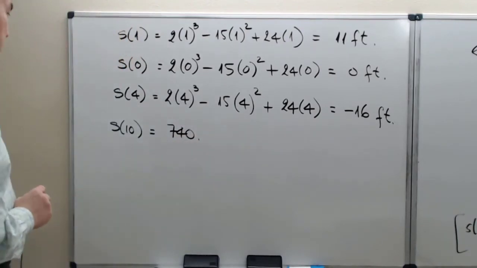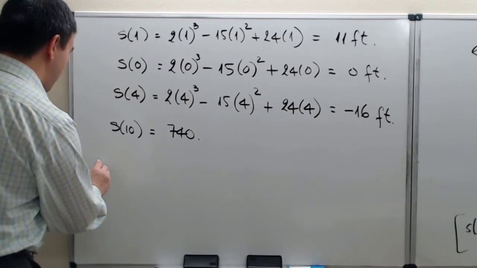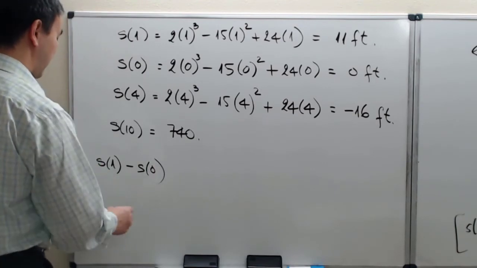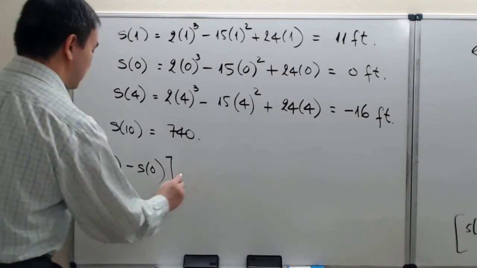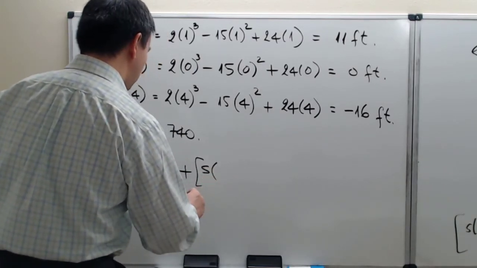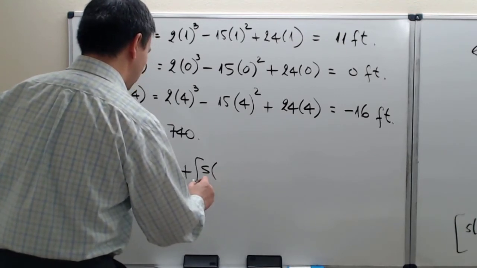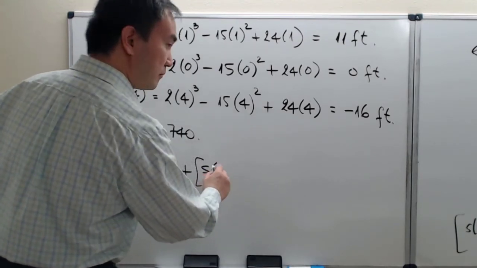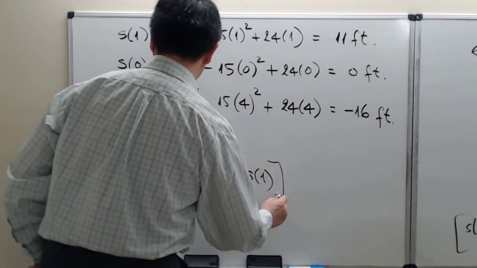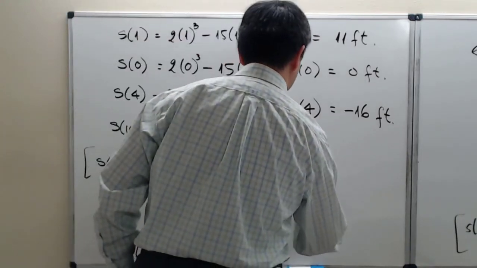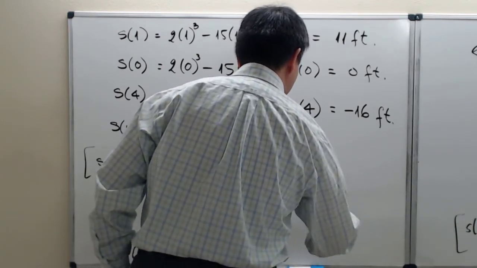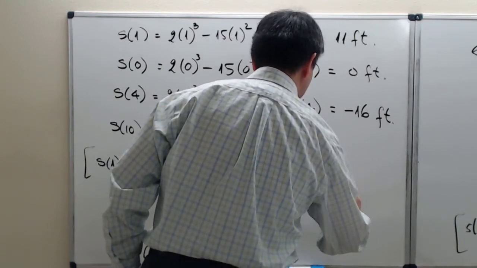So the total distance we're looking at is S1 minus S0, plus S4 minus S1, and plus S10 minus S4.